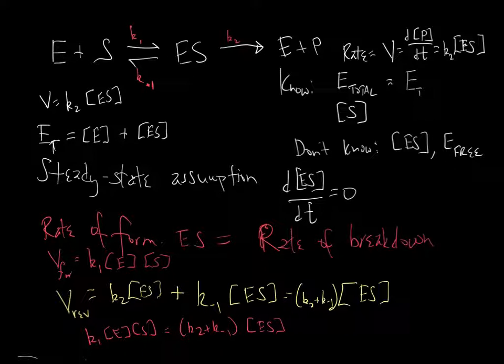Okay. So what I'm going to do now is solve for a free enzyme. Because right now we still have two unknowns. We have one known, the S, but we have two unknowns, this free enzyme and ES.